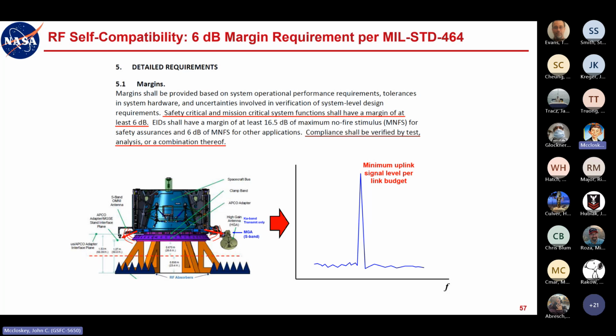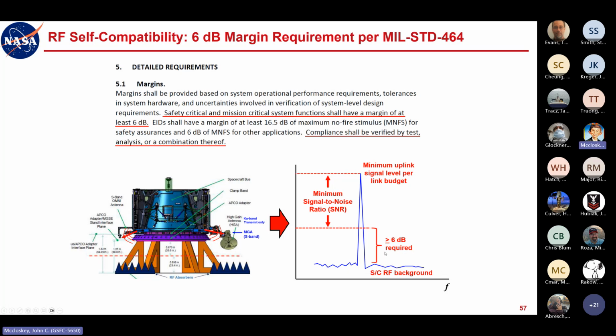So the way we interpret that is if you look at the minimum uplink signal level that's defined by the link budget, and that's going to basically take into account what's the minimum signal to noise ratio for your receiver performance, and so you want that to have 6 dB margin with respect to the spacecraft RF background.